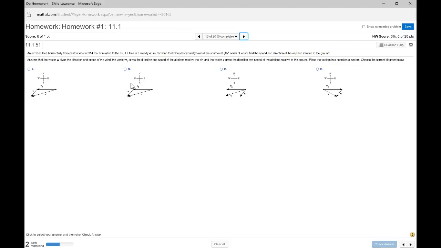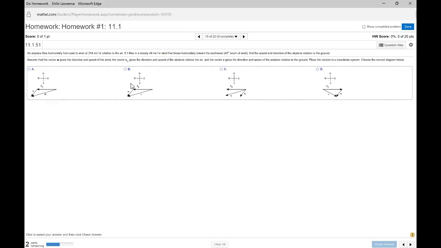So C is similar, but C is using the parallelogram method instead of the polygon method. The problem with C, and this is hard to see, I don't know if I can write on my screen or not. I'm going to try to. No. All right, if you were to try to finish drawing out that parallelogram for C, I think you would find that the V vector they drew in the middle is not long enough.